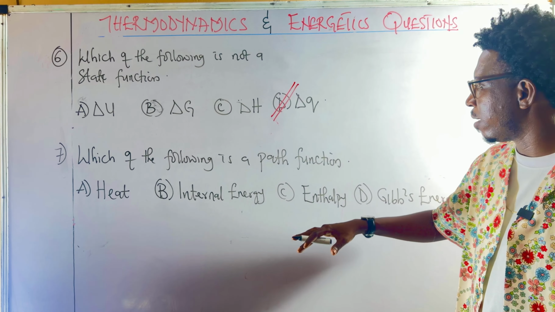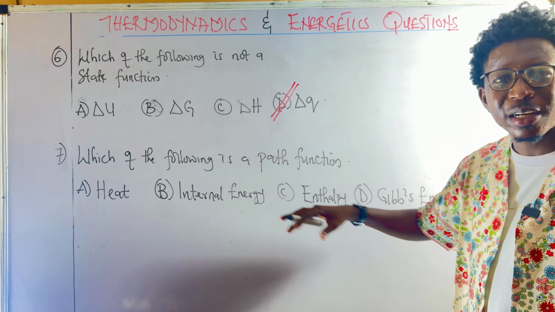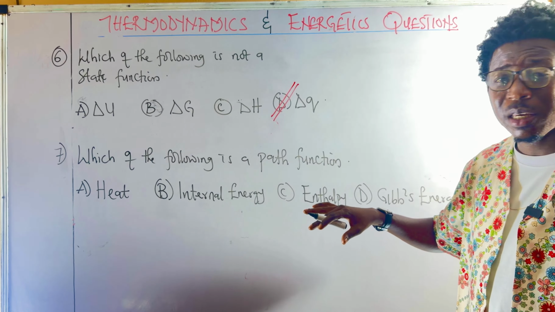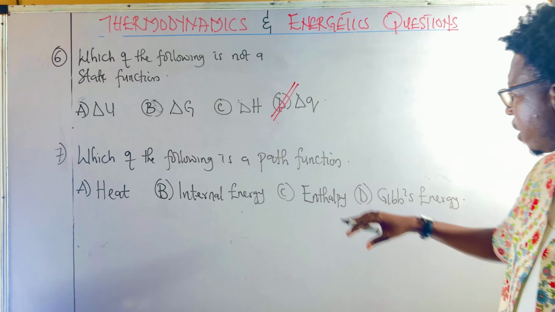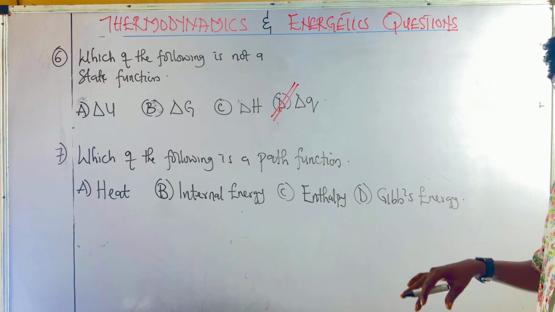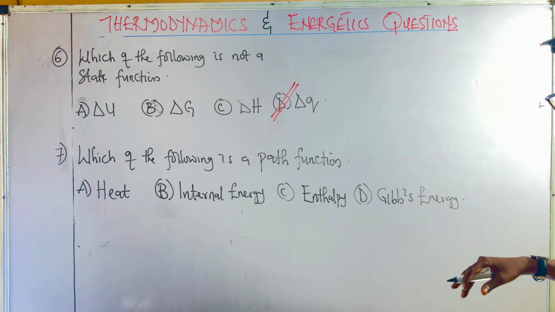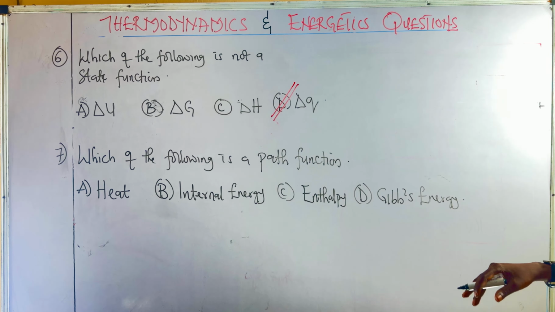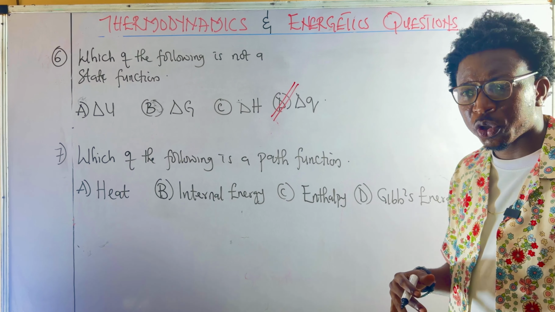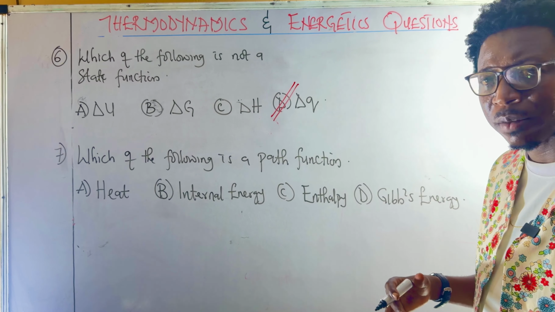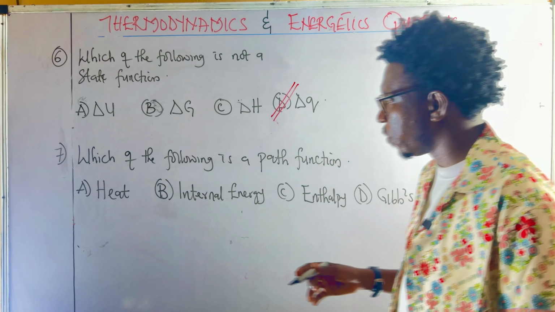Internal energy is not a path function. Internal energy is a state function. Enthalpy is not a path function. Enthalpy is a state function. Gibbs energy is not a path function, it is a state function. Heat is a path function. It is path dependent, not a state function.